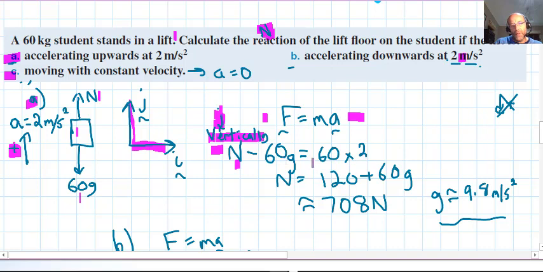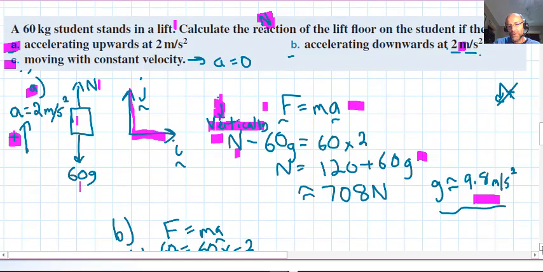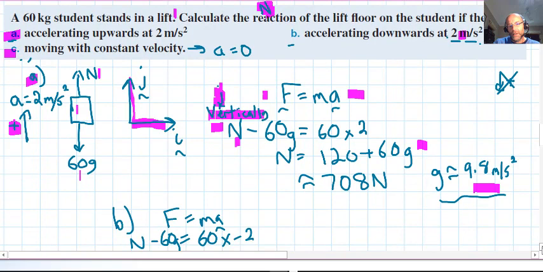So we have N minus 60g equals 60 times 2, rearranging we get 120 plus 60g, or N equals 708 if you assume g equals 9.8 meters per second squared. That's the exact answer, but if you want a numerical answer, you may assume g is 9.8. So we get approximately 708 newtons, this reaction of the lift floor on the student's feet.